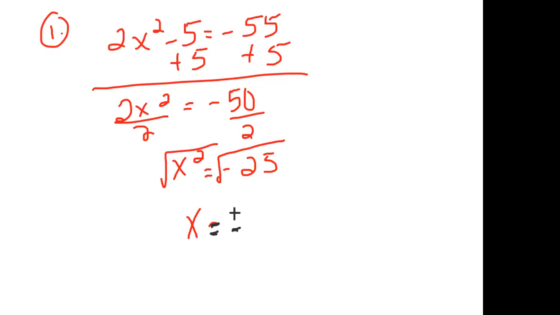The square root of negative 25 involves an imaginary unit, so your answer would be plus or minus 5i. On MyMathLab, on the tools palette, you do have the plus or minus tool, so you don't have to separate this. You can just type it in as plus or minus 5i. And that's it, guys.